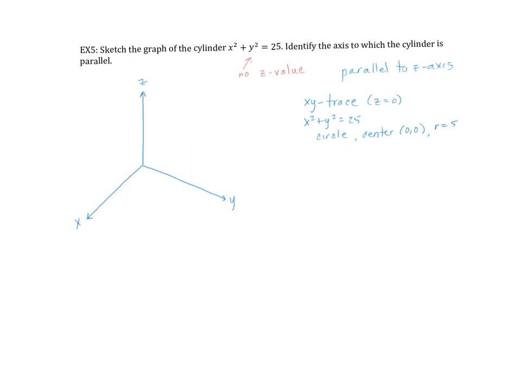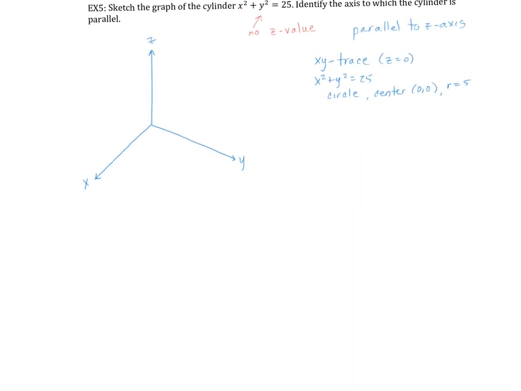On my graph, let's see, it's about 5, about 5. I'm going to sketch my circle. You've got to forgive me because I'm not a very good artist. So there's my xy trace.